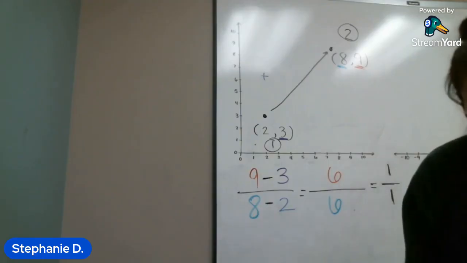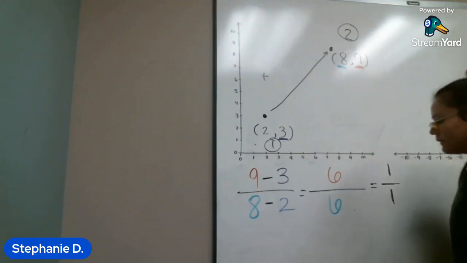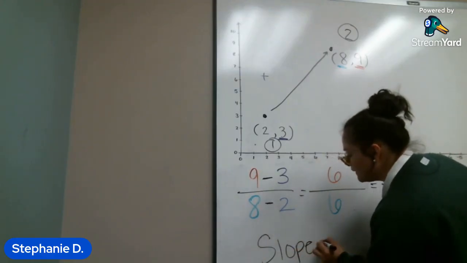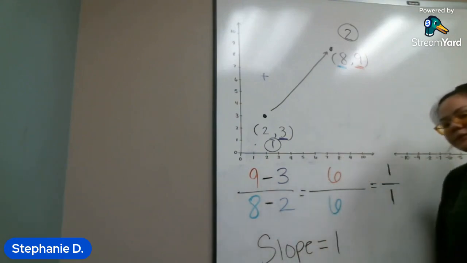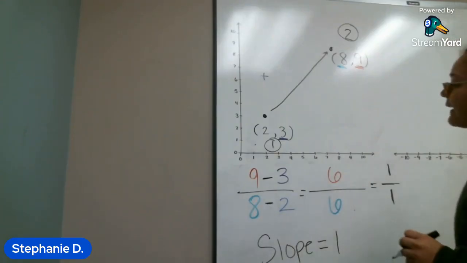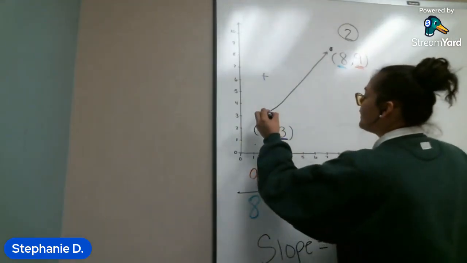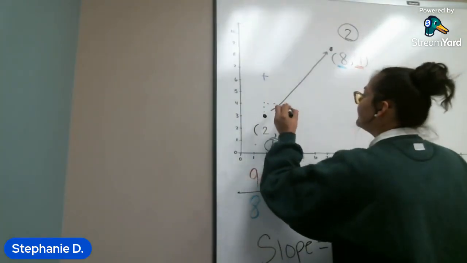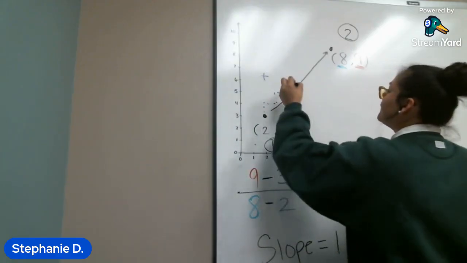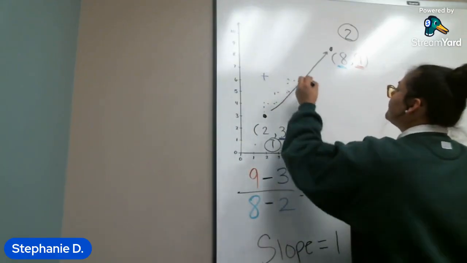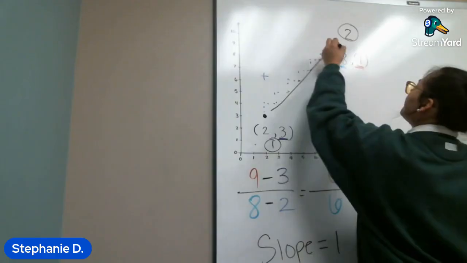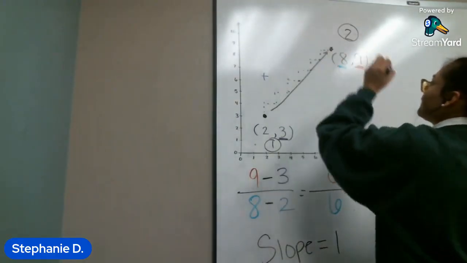So that means the slope is equal to 1. We're going to double check that here by counting up, 1, 1, 1, 1, all the way until we get to our 8 over 9.